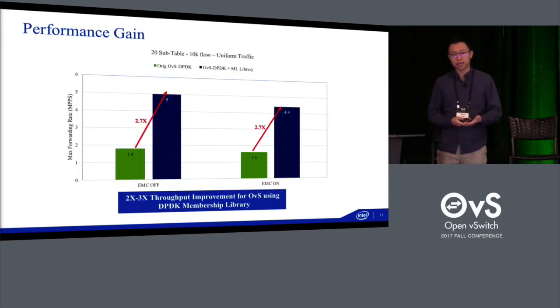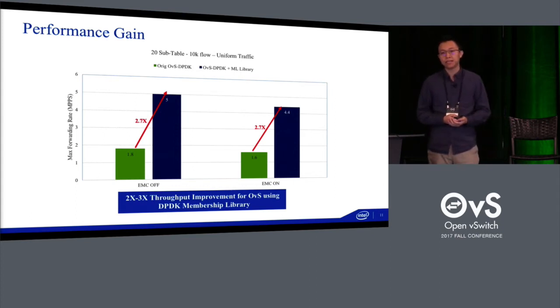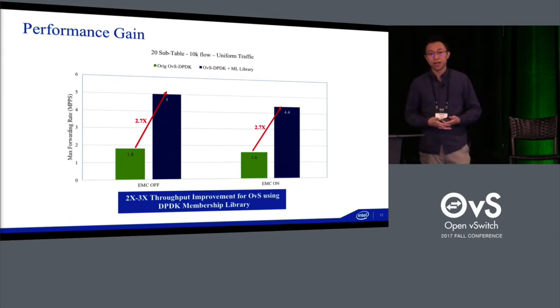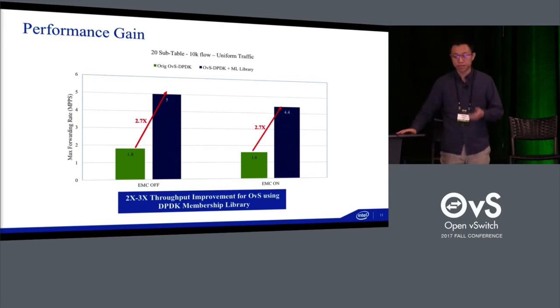This is some old data, but you can find the new one on the mailing list. We posted a new patch recently. After DPDK 17.11 comes out, we will have a new patch depending on the membership library. This is some old data, but basically we can have a 2 to 3x improvement.